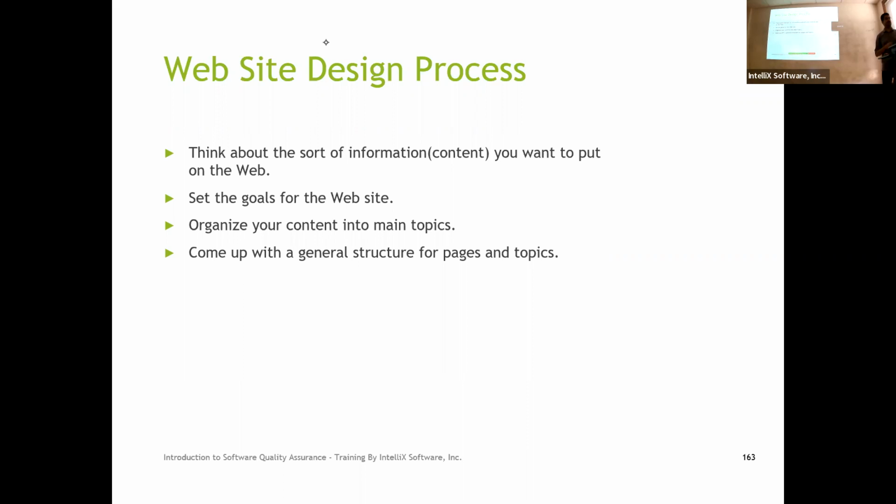So for example, the way you build and lay out things on CNN.com is going to be different than Amazon.com, right? Because Amazon is geared towards the retail mindset, versus CNN.com, which is geared towards the informational mindset. So you look at what type of information you want to put on that site. On Amazon, I want to put all the products.